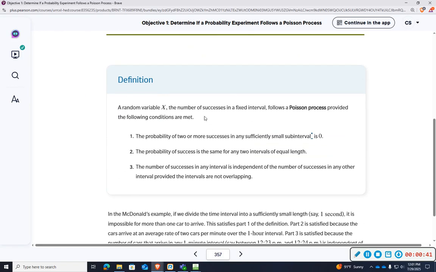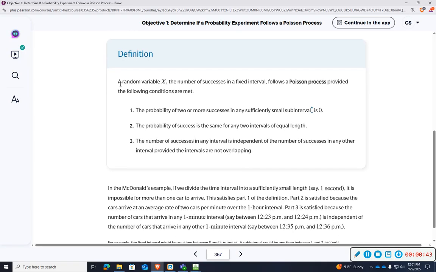The definition I'll read out, which kind of lets you know you're dealing with a Poisson distribution. It says a random variable x, which is the number of successes in a fixed interval, will follow a Poisson process provided the following conditions are met. One, if you have two or more successes in any small subinterval, the probability is 0.